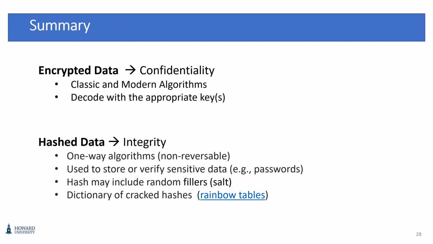Oftentimes, you will use hash data to make sure the source data, file, picture, audio, whatever, has not been modified, that the current hash for that file matches the original hash that was created for that file. Okay, and I'll pause there. There's more information, but we get into this when we do our cryptography module in the Info 391 class.